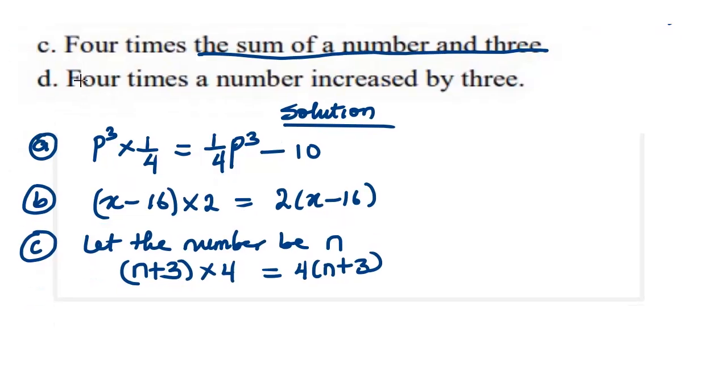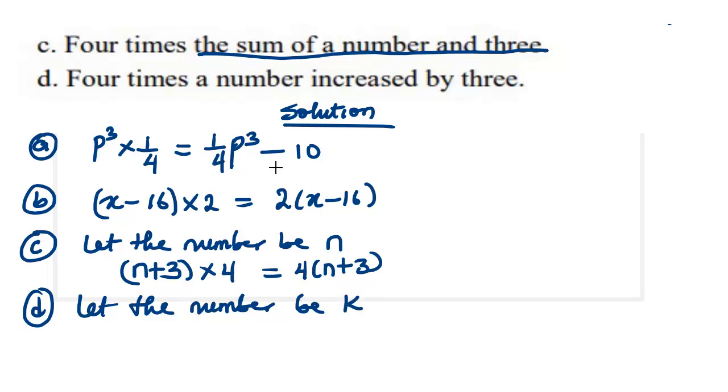Then for D, say 4 times a number increased by 3. Now look at it. C and D, they look almost the same, but they are not. They are very, very different. 4 times a number increased by 3. So we say let the number, which is a variable here, be k, right?